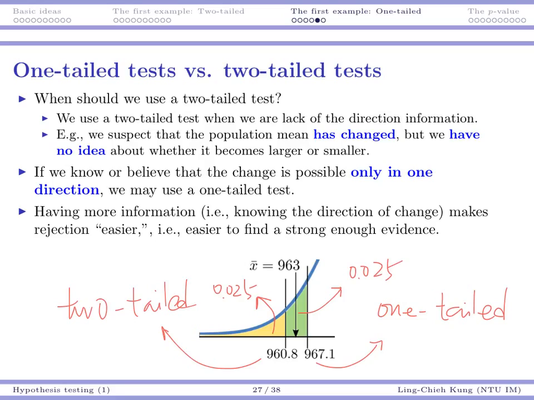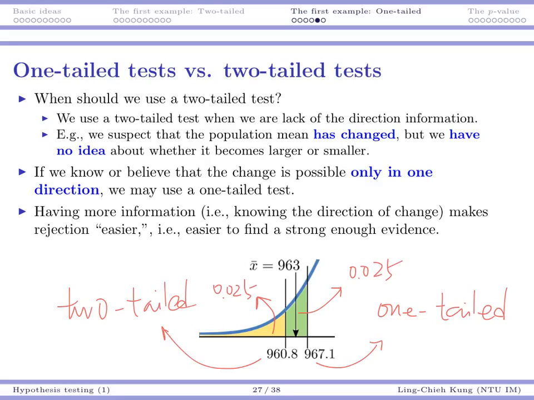We use a one-tailed test because we suspect that mu is too small. So we have that direction of change knowledge. With that additional information, it's easier for us to make a final conclusion.